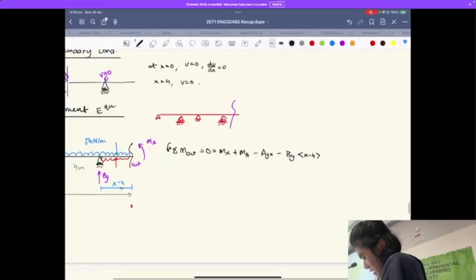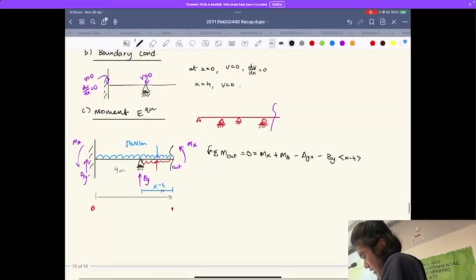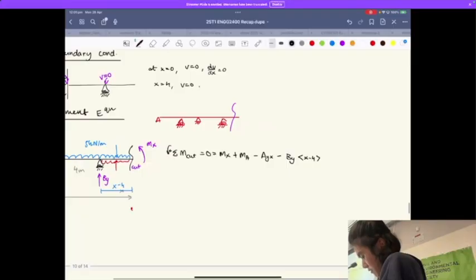Okay. And then we have the UDLs. So that first one, the blue one, is going to be 5 times x on 2.